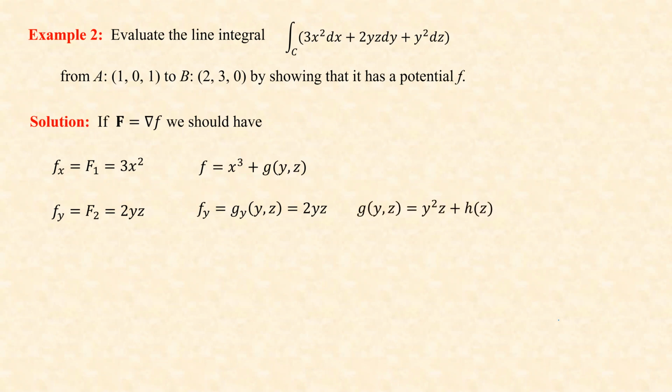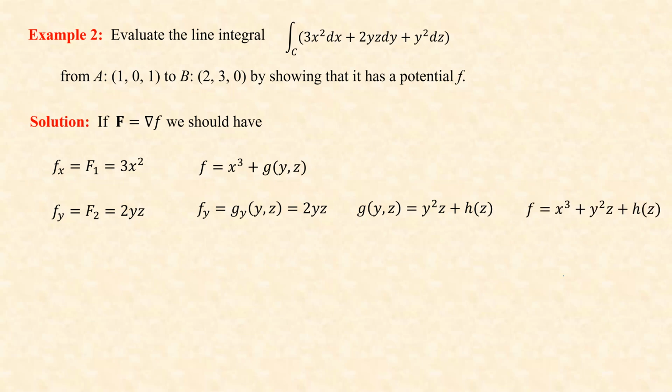Then g becomes y squared z plus a constant as far as y is concerned, right? So it can be a function of z. It's not a function of y; it's a constant for y, but it's a function of z.